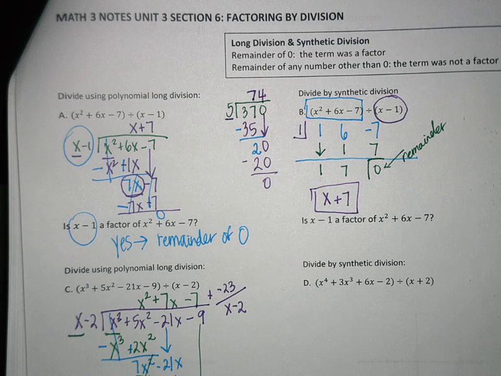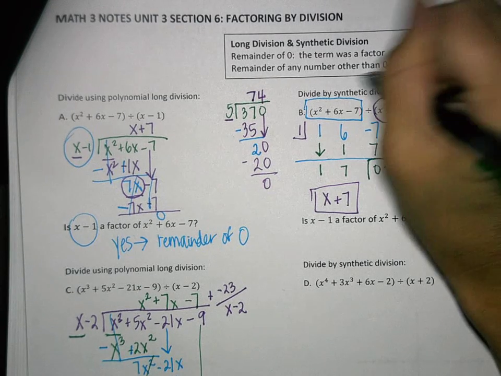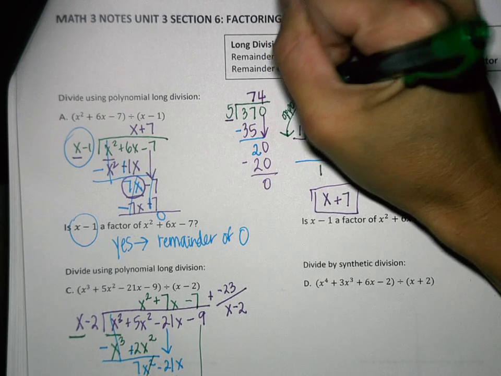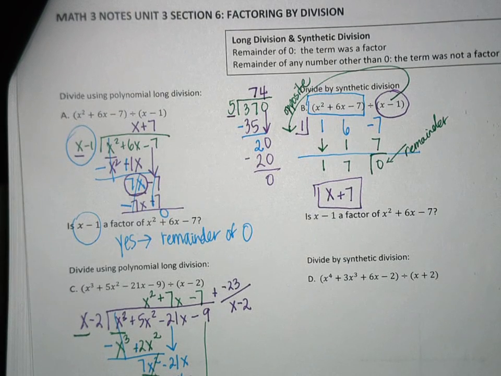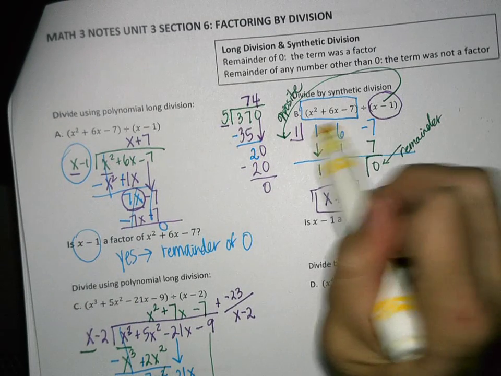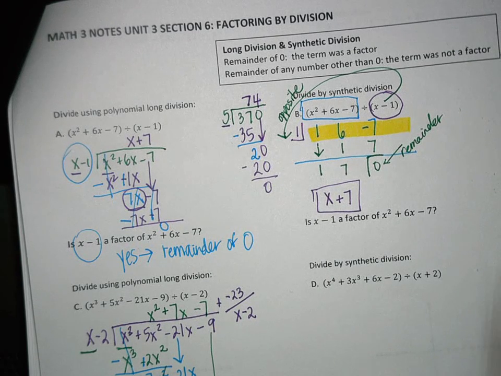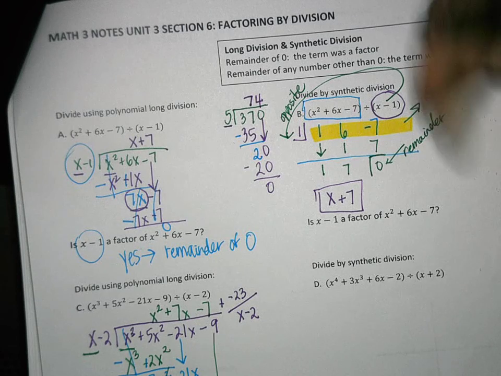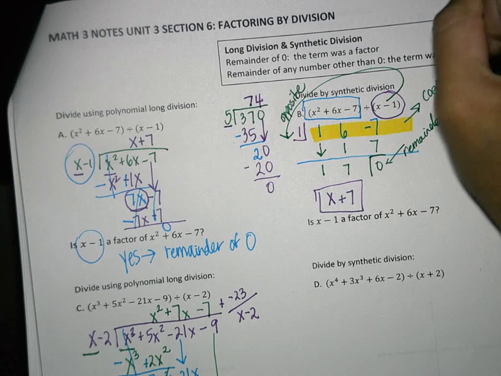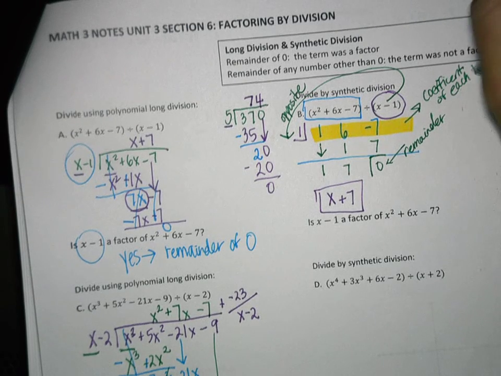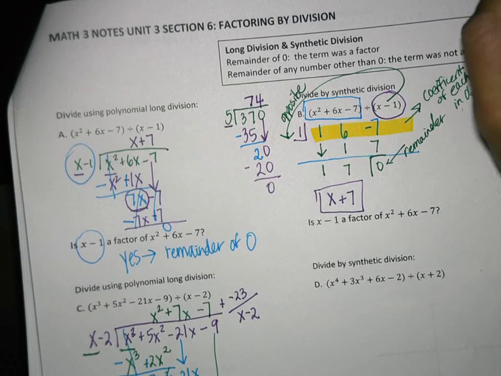Okay, so first thing is that this number right here goes in here, and it's always going to be the opposite. These numbers right here, those are the coefficients of each term in descending order.